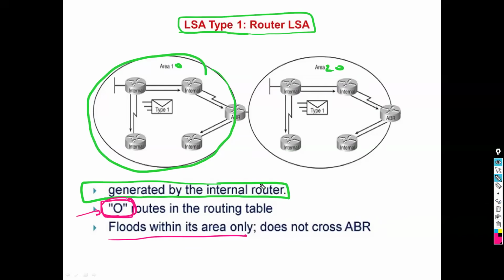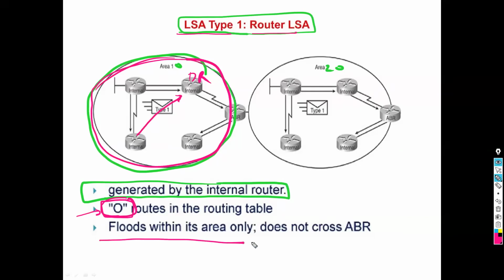For example, this router is sending updates to this router, and all of them are sending updates, or maybe in this design you have a DR router. So all DR-other routers will only send updates to the DR. So updates within the area are called router LSA, LSA 1, and they flood within the area only.